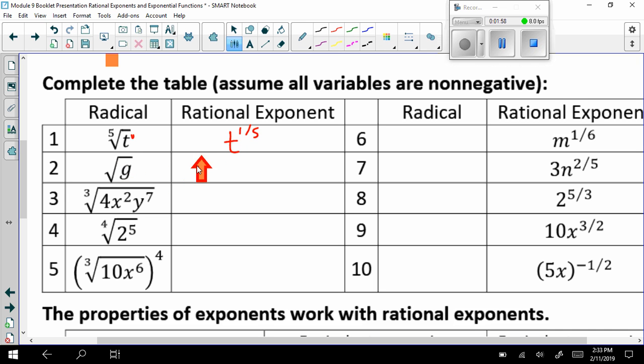I didn't leave you a whole lot of room, so just do the best you can. All right, number 2, we would say this as the square root of g. Remember, when there's no index on our radical, it's understood to be a 2. Our base is g, our exponent is understood to be 1, and our index is 2. So it's g to the 1/2.